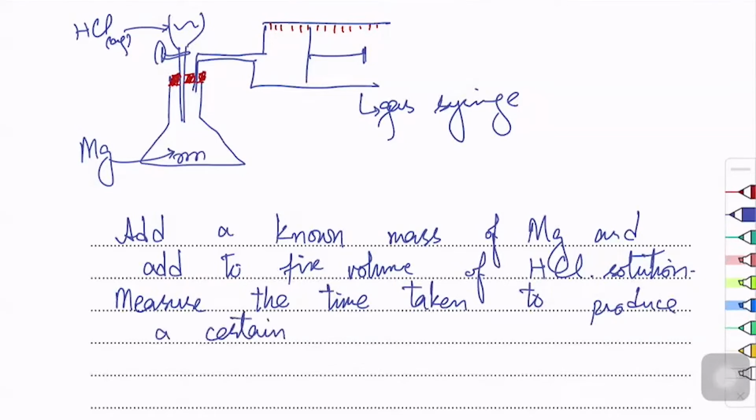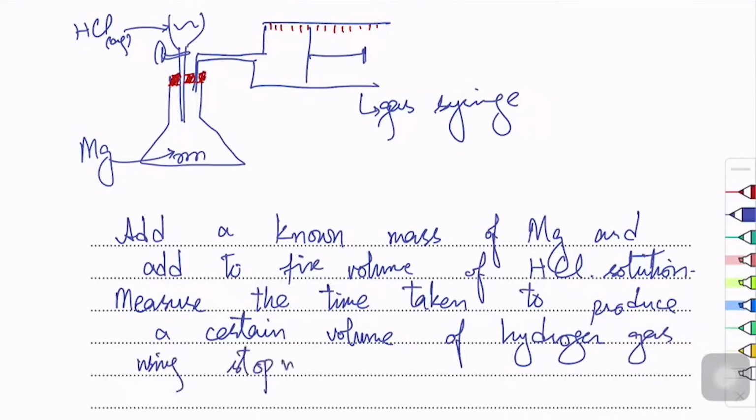Because I do not know how much magnesium and how much acid is there, I cannot predict how much volume it will make. But every time, just make sure that you let it reach a certain volume of hydrogen gas, using a stopwatch. Because I need to measure time, so why not mention what to measure it with?